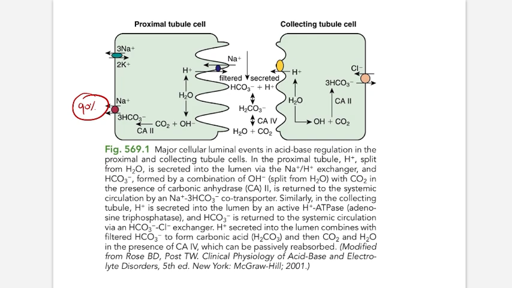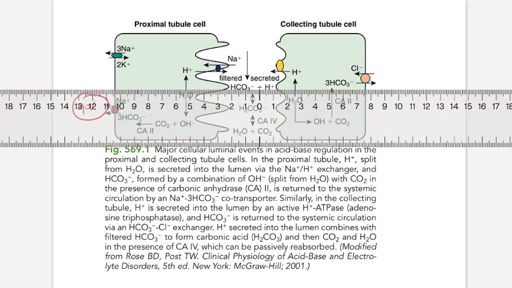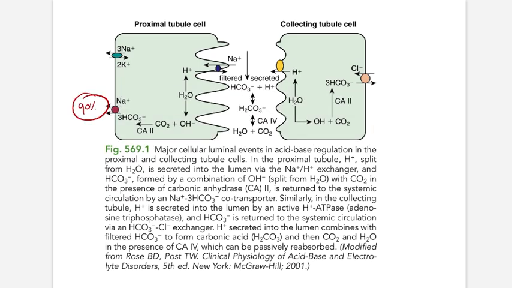This bicarbonate goes into the systemic circulation via the sodium bicarbonate exchanger. This is the common phenomenon in proximal tubule cells. What happens to the H plus? It gets secreted into the lumen via the sodium H plus exchanger. So this is an important mechanism.